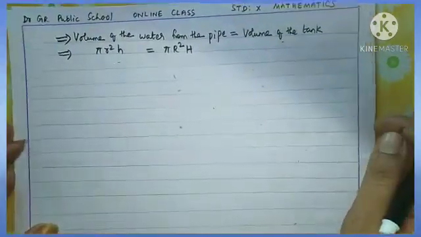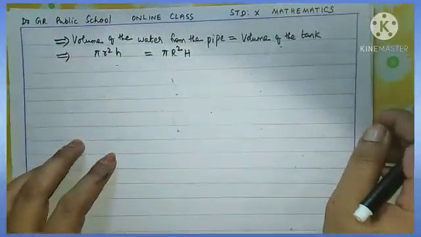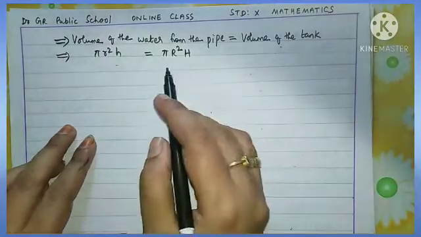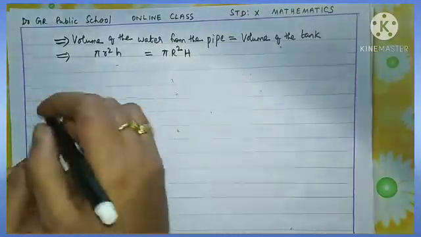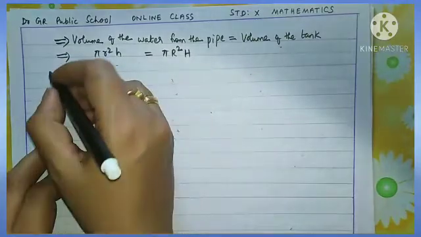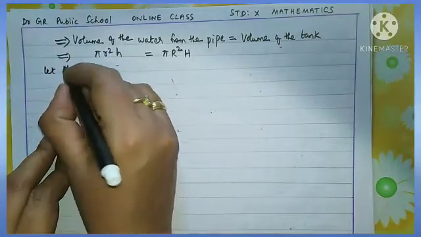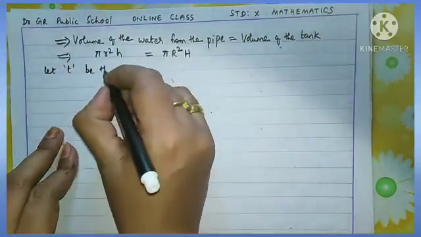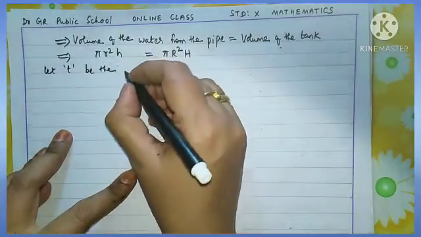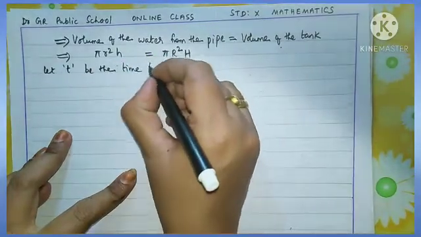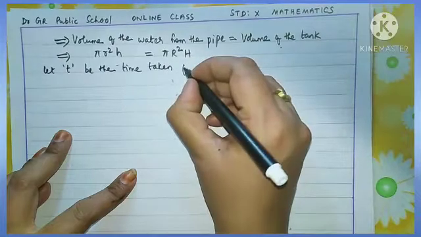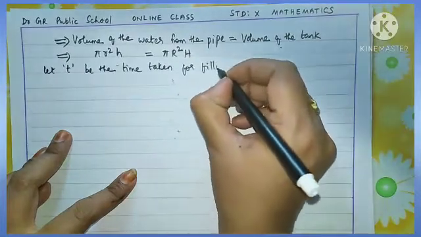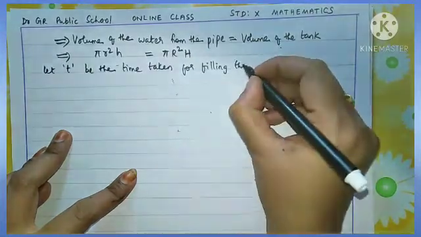Now in this question what we want to find out? The total time taken to fill the tank. Here we don't know the time, so let t be the time taken for filling the tank.